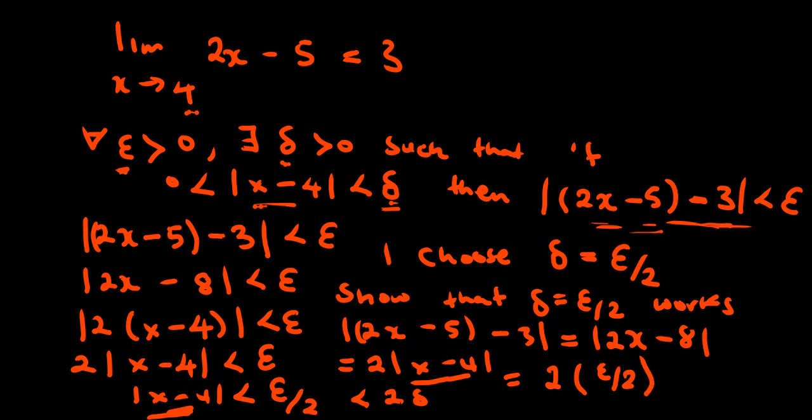So here my 2 and my 2 divide, then I will have only epsilon remaining, which is what we wanted, that we should remain with epsilon. So this is how we solve that question, and this is how we use the exact definition of a limit in order to show that the limit exists.